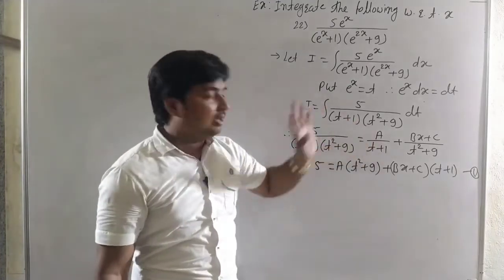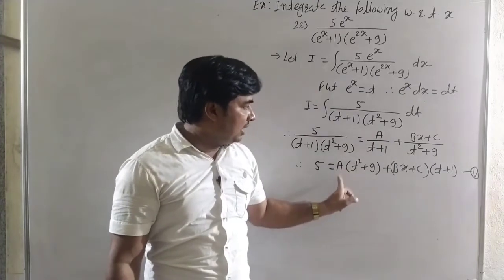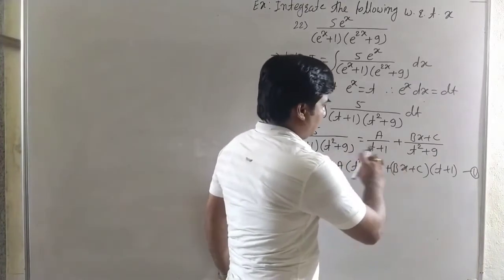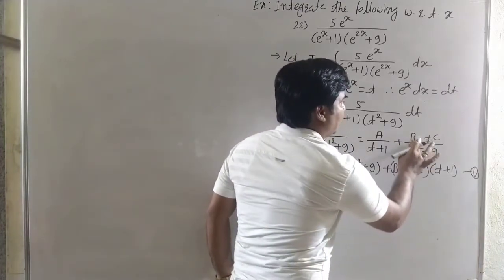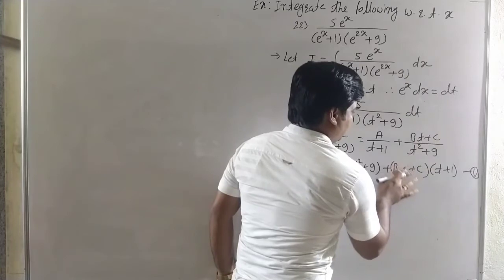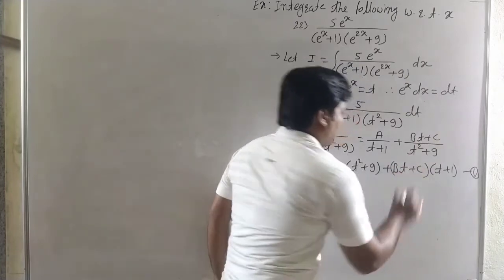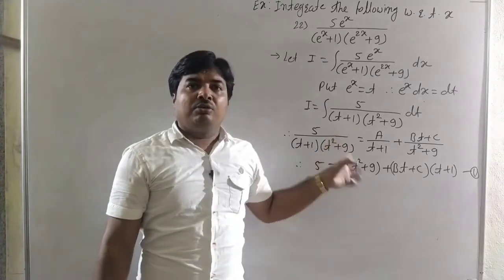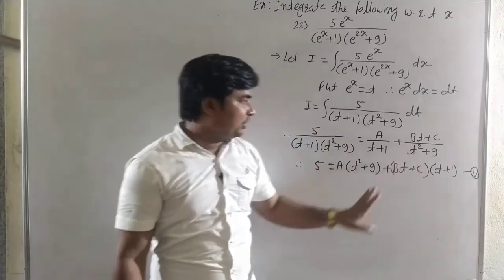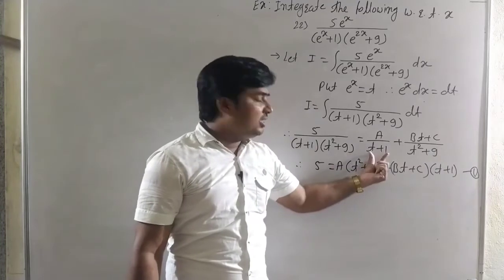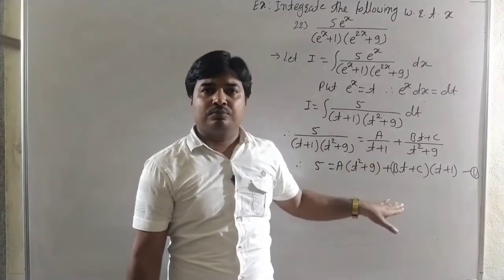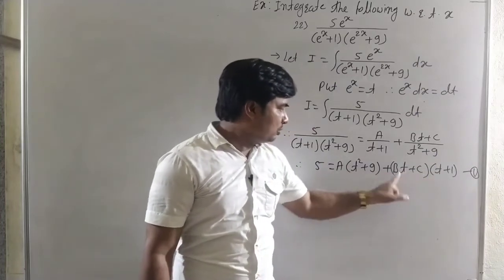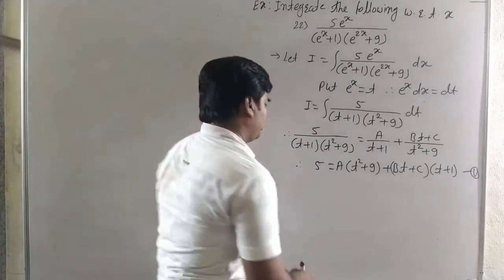Then we get the value of A. After finding A, we find the values of B and C. In this equation there are unknown values, so first we find the value of A.